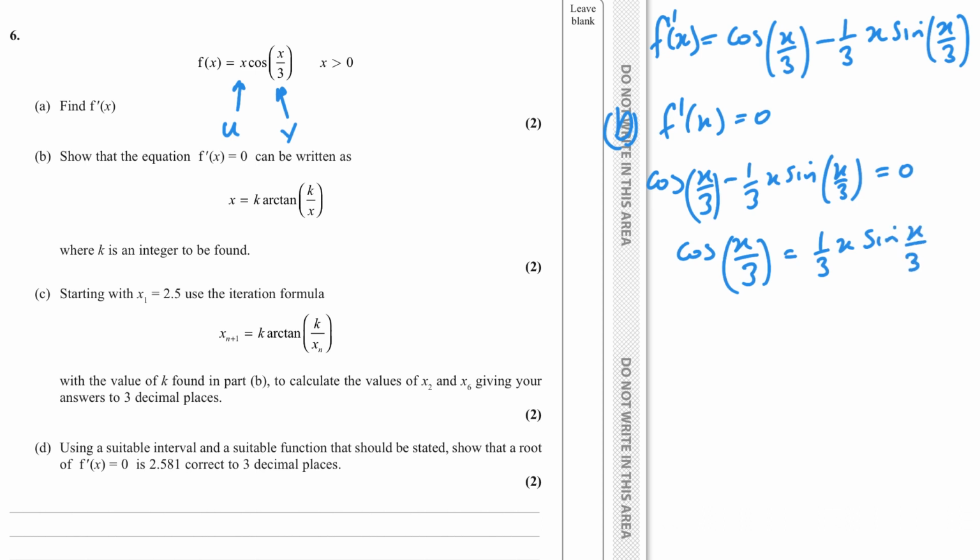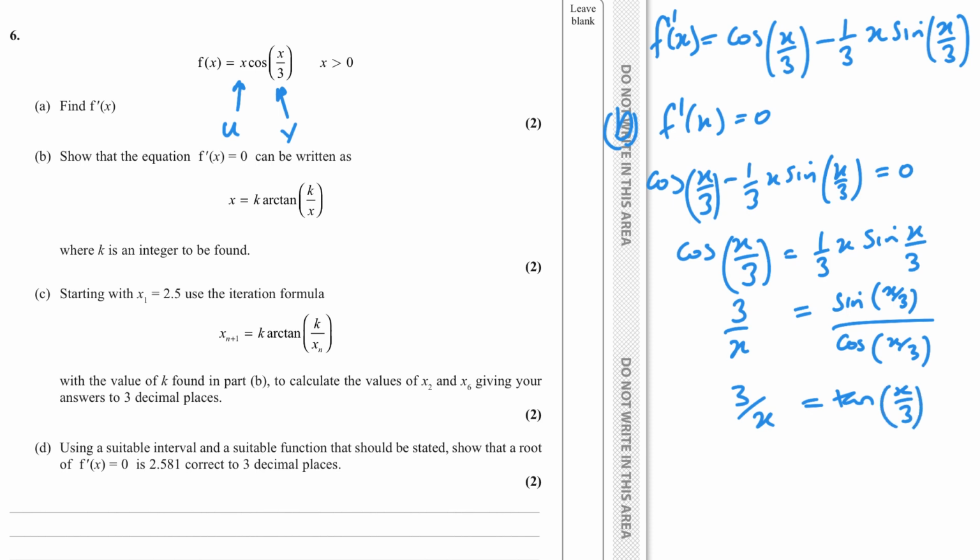And I want to turn it into tan, so I'm actually going to multiply by 3, divide by x, and then I'm going to divide by the cos, which will give me sine x over 3 over cos x over 3. So this then gives me 3 over x equals tan x over 3.